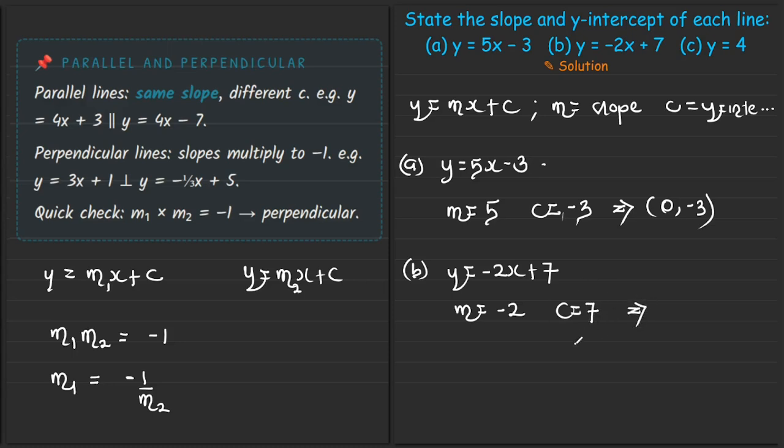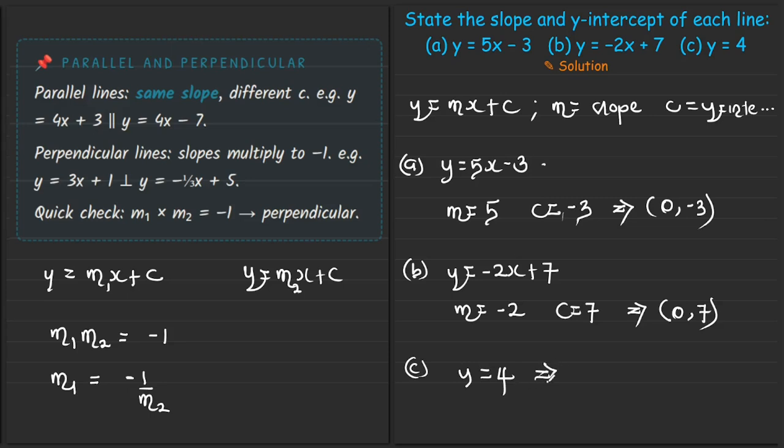It simply implies that our y-intercept, as I said earlier, the x coordinate of the y-intercept is 0. So we have 0, 7. As simple as that.